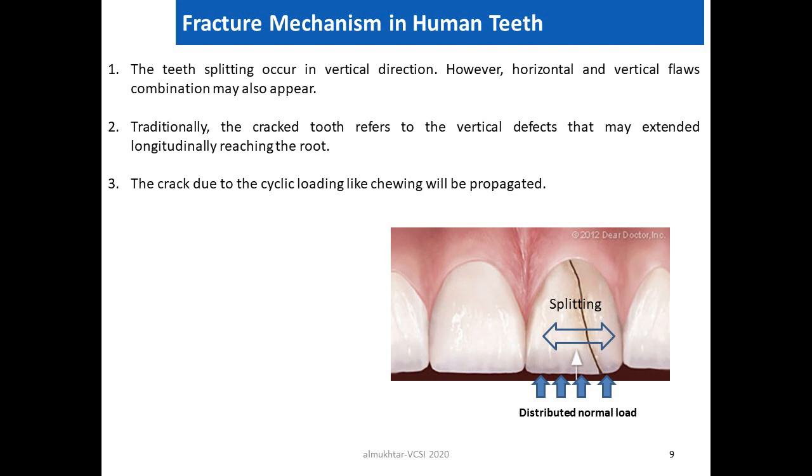By the effect of cyclic loading, like chewing, and the presence of these cracks, the splitting will be extended. As shown in this figure, we have the distributed normal load over the crown, and we also have the cracked tooth. Then we will have a biaxial effect over the body of the teeth.